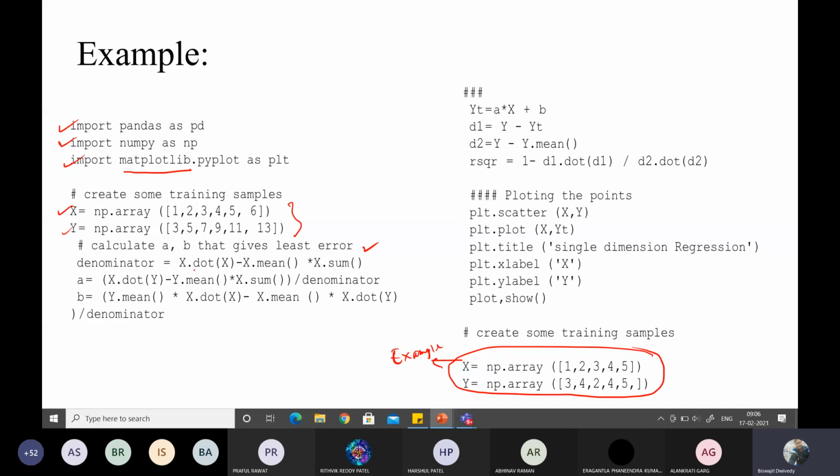The denominator is equal to x dot x. You can see x dot x. This is a function in Python which is used to find the dot product of vectors.